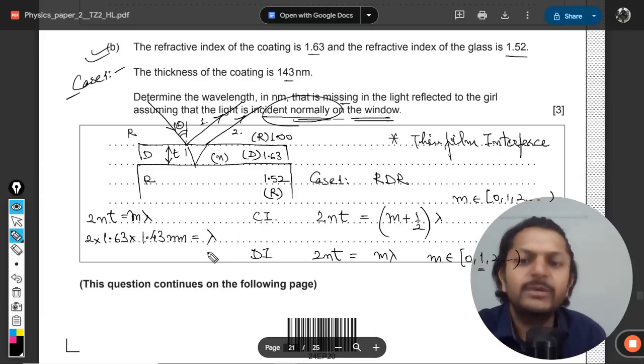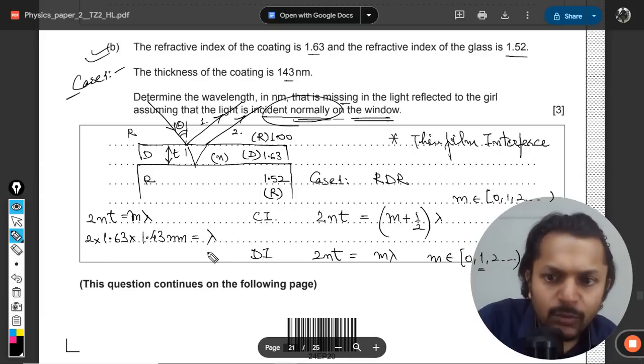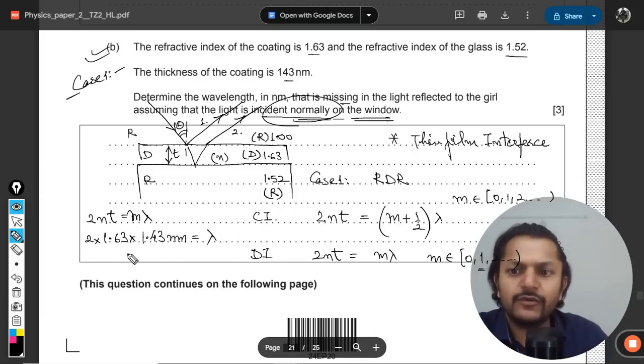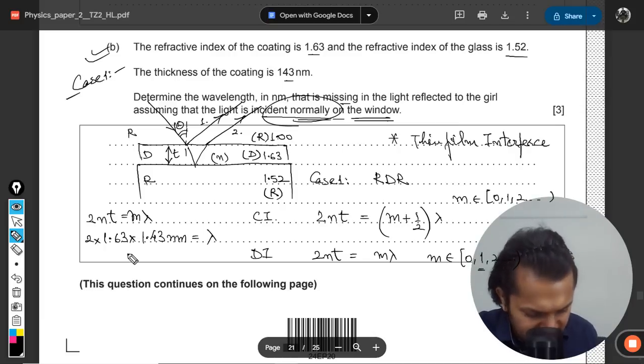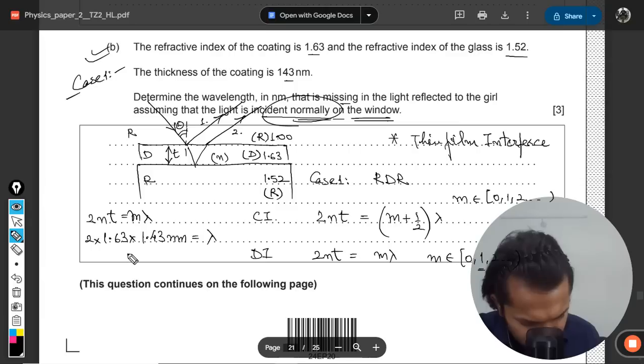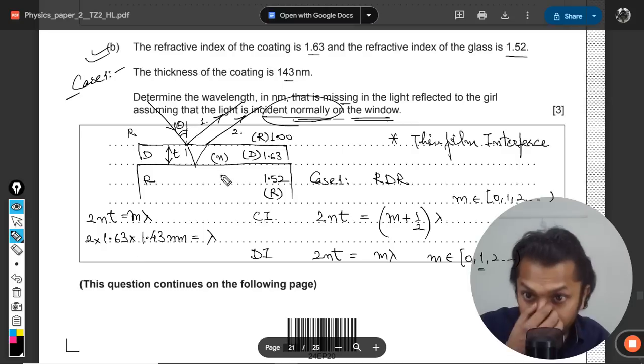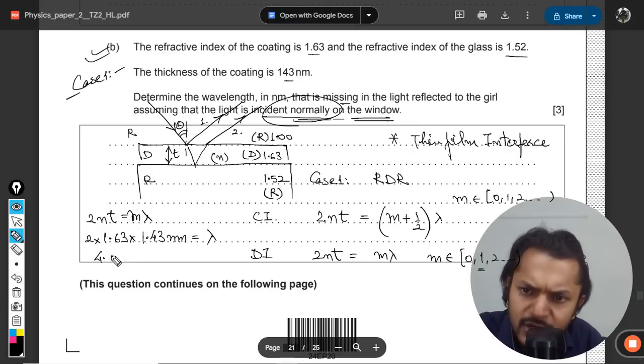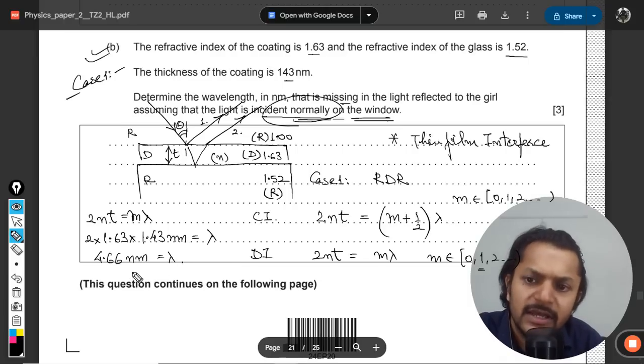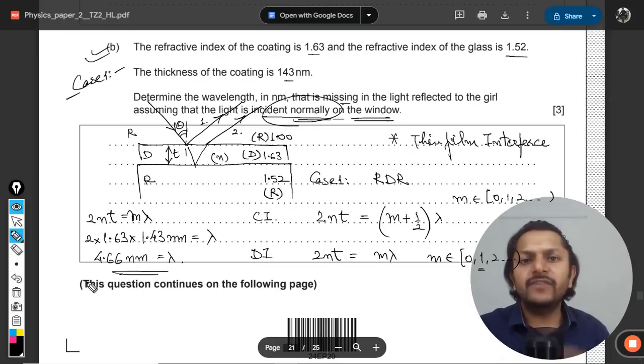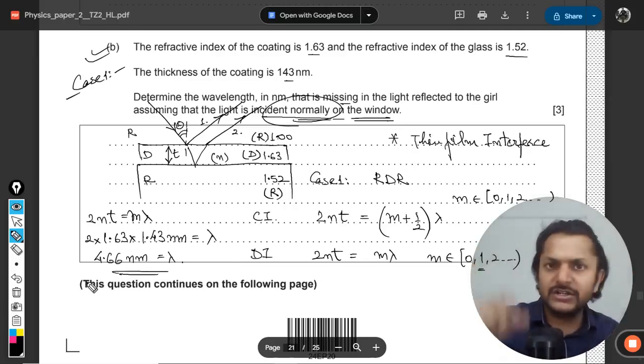And that will be equal to the wavelength because m value is taken as 1. So this we have to find, and our answer will be 2 into 1.63 into 1.43, 4.66. So my answer is coming out to be 4.66 nanometers. This is the wavelength that will be missing when you are watching that.